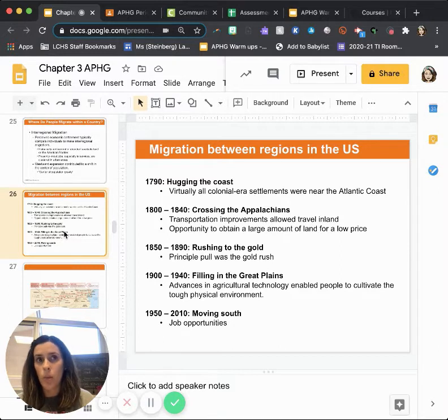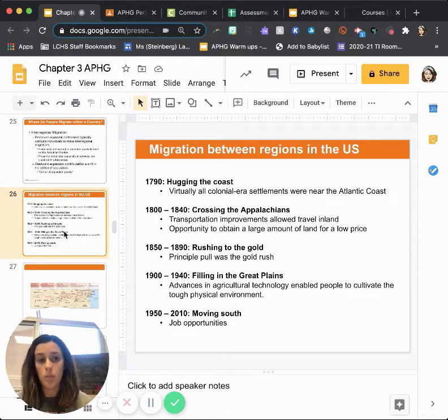What made this possible was transportation improvements that allowed people to travel inland. And also people were able to obtain a large amount of land for a low price, so that enticed them to move.